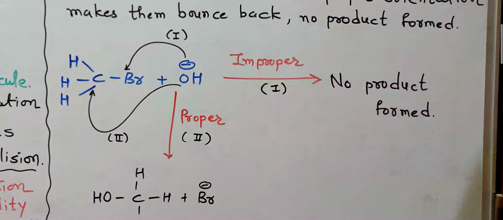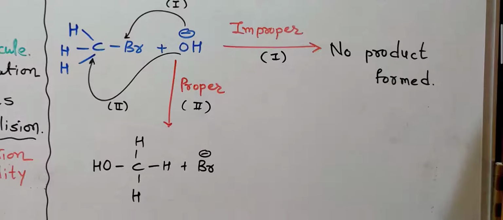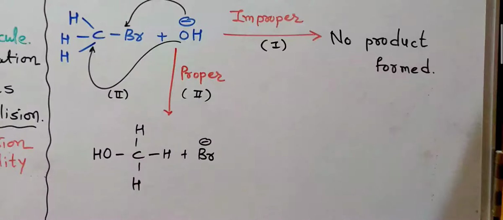So when the OH is attacking from the back side, the older bond between carbon and bromine will break and OH is forming a new bond from the back side. So we'll get the product CH3OH plus Br, which after breaking the bond is liberated as nucleophile. So our final product is CH3OH plus Br minus.